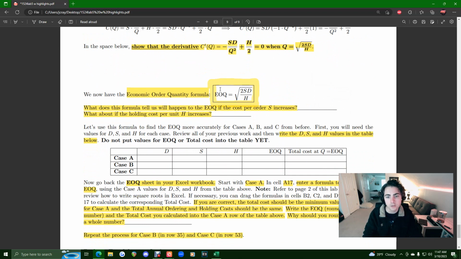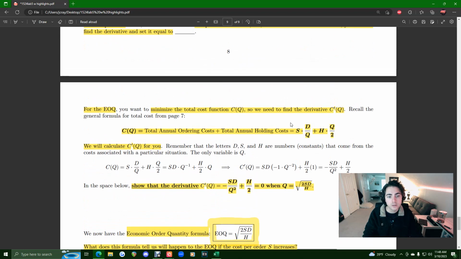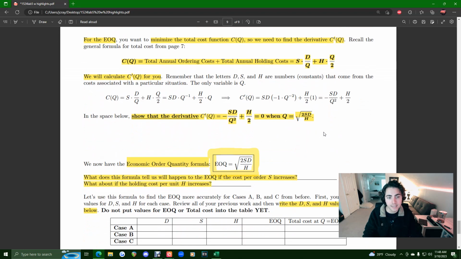All right, so the important thing here is that because the quantity that made C prime equal to 0 was this, that means that this is the quantity for which the original function, the cost, is at a minimum. Therefore, the quantity for which the cost is at a minimum is your EOQ.